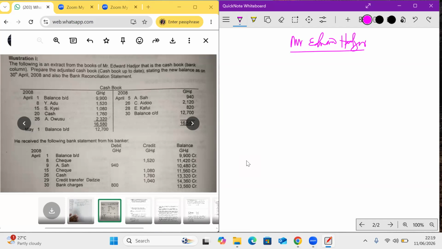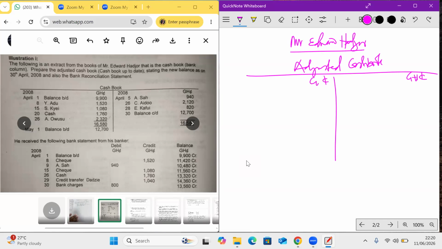Prepare, what is the requirement? The next thing we'll take note of is the requirement. Prepare the adjusted cash book up to date, stating the new balance as on 30th April 2008, and also the bank reconciliation statement.